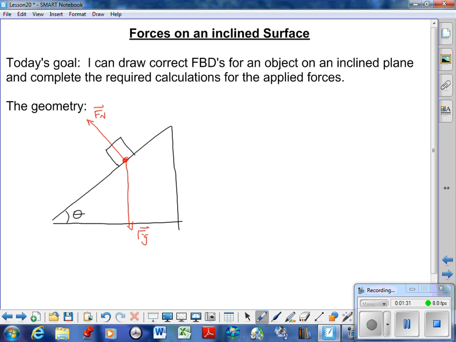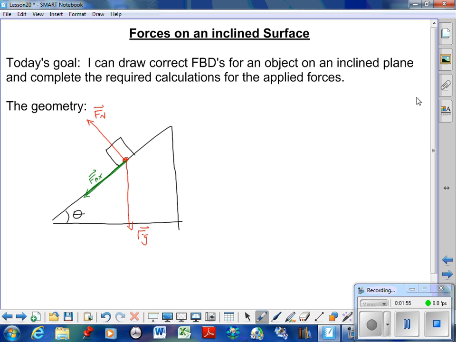Now, what is pulling this object down the slope? So the force that's pulling anything that's on a slope surface wants to go down that surface. So we are going to have a force coming down here, and I'm going to call this particular force, the notation I use is FAX. Okay, and I'll explain the why here in a second.